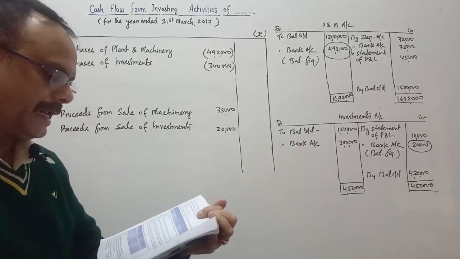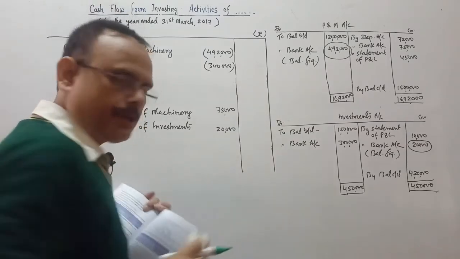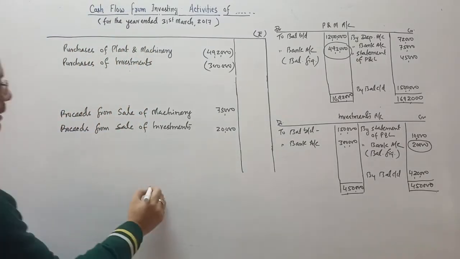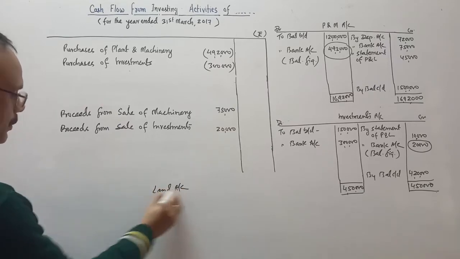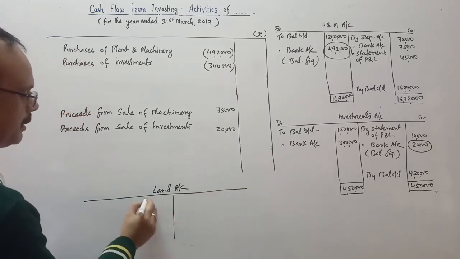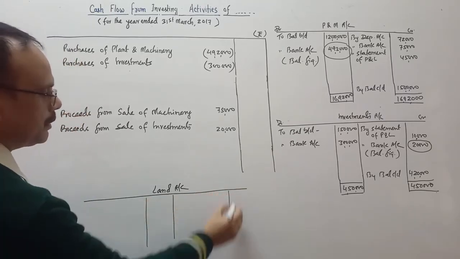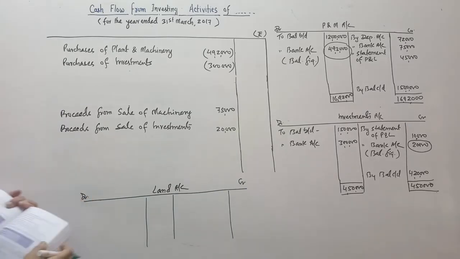After that you see the land. The next ledger I am going to prepare is the ledger of land. I am going to prepare it in the working note, land account. So you see the information about the land.